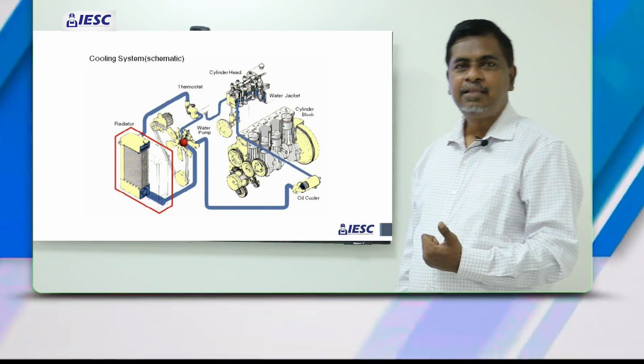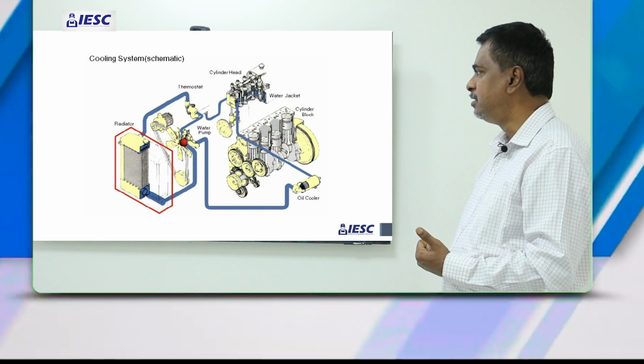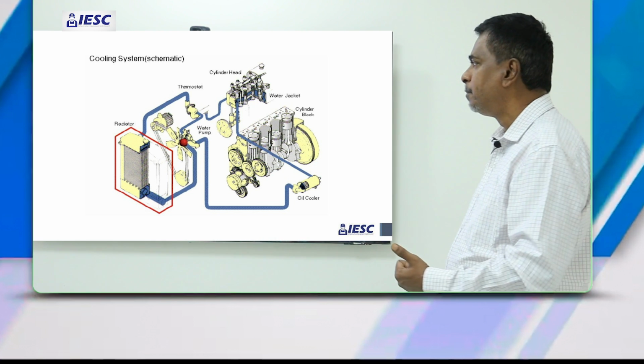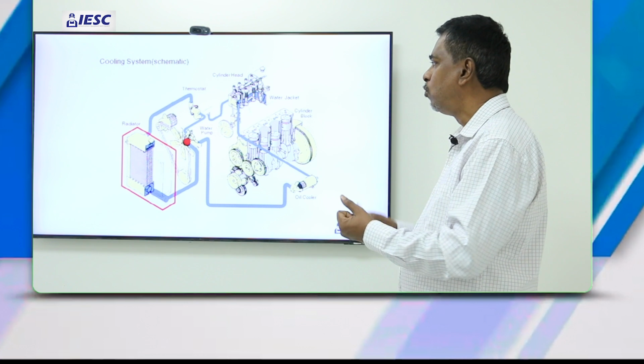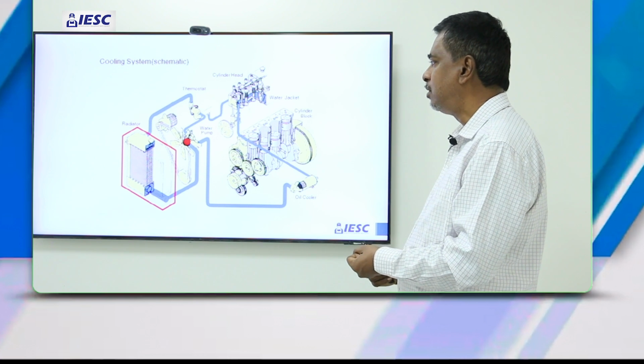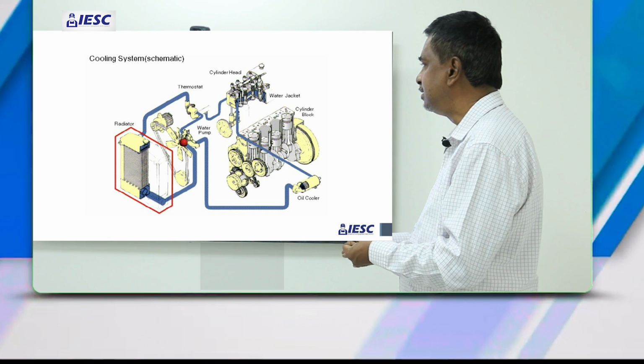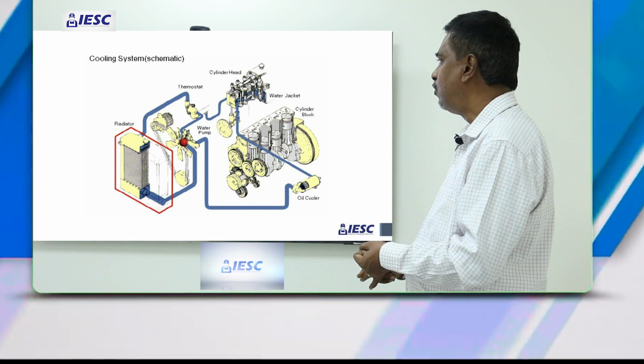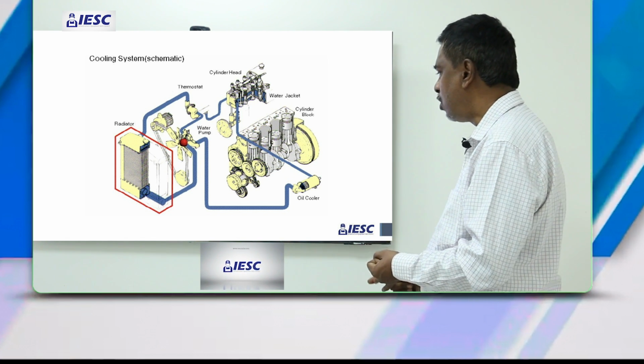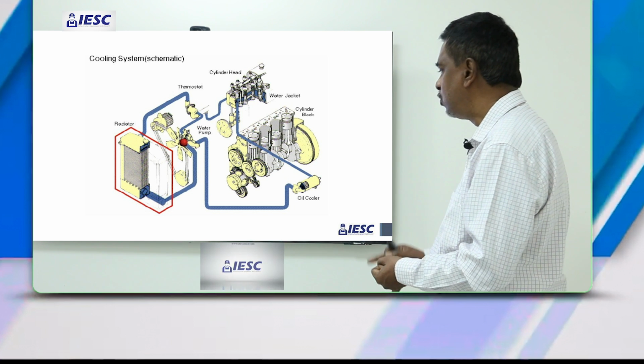Then we will see the cooling system of the engine. The cooling system has a water pump, a radiator with a tank, a thermostat, a water jacket on the cylinder block, and an oil cooler also.